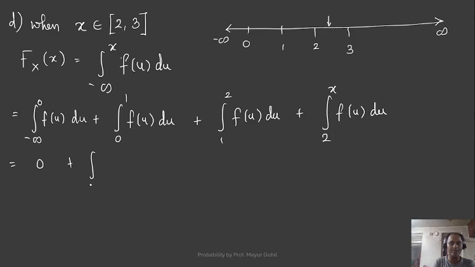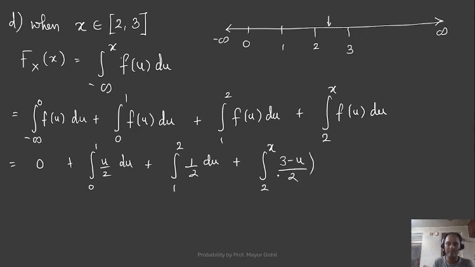Here the value of function f of u is u by 2, right? So it will become u by 2 du. Here it is half du. Here the value of the function that we have is 3 minus u divided by 2 du. Okay, that is what we need to integrate and get the answer.